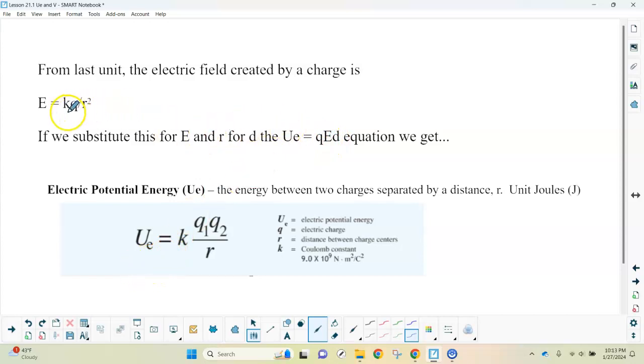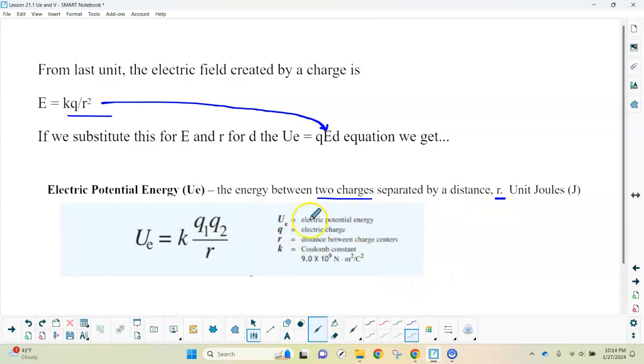If we plug in this value, R and D are essentially the same idea. R is the distance between them, and D is the space that you move it. So it simplifies down to k Q1 Q2 over R. This is the electric potential energy between two charges that are separated by a distance of R.